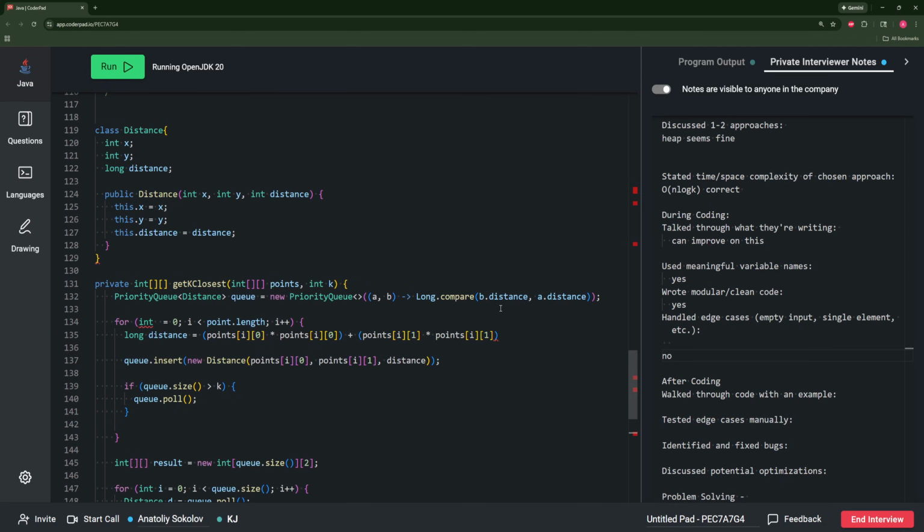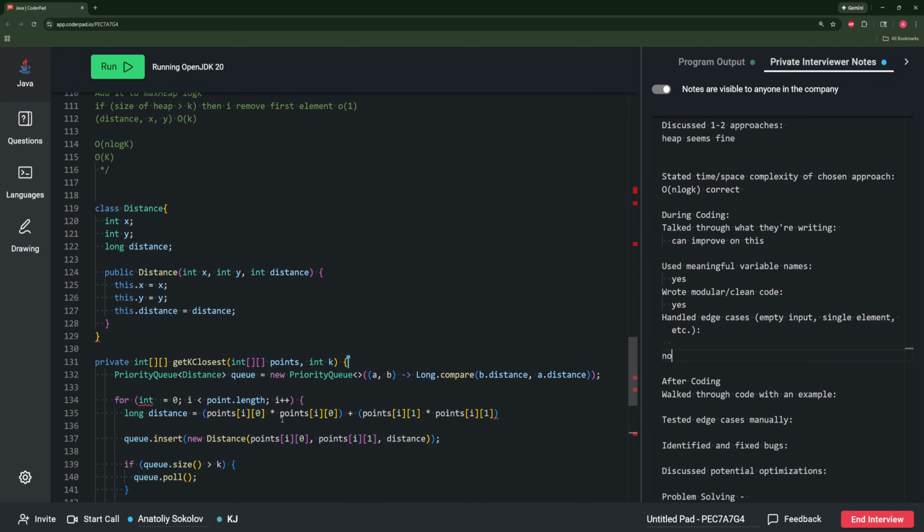Okay, I think this should work. So the function takes a list of points and an integer k. I've created a max heap using a priority queue. I'm iterating through the points array and calculating the distance.